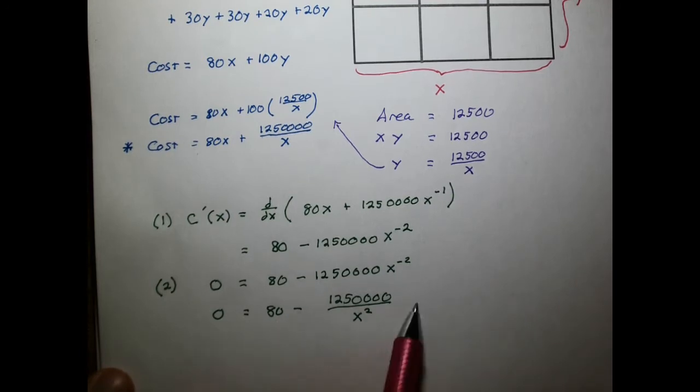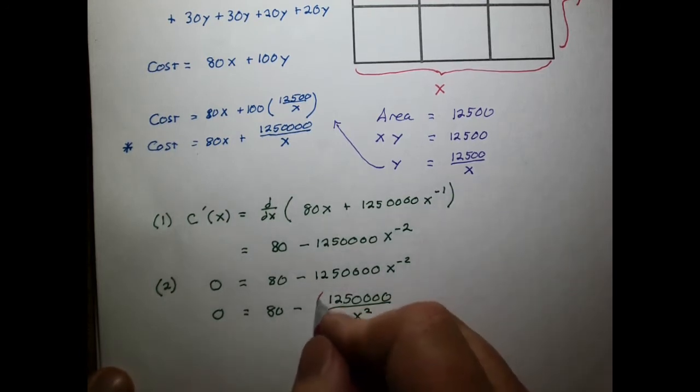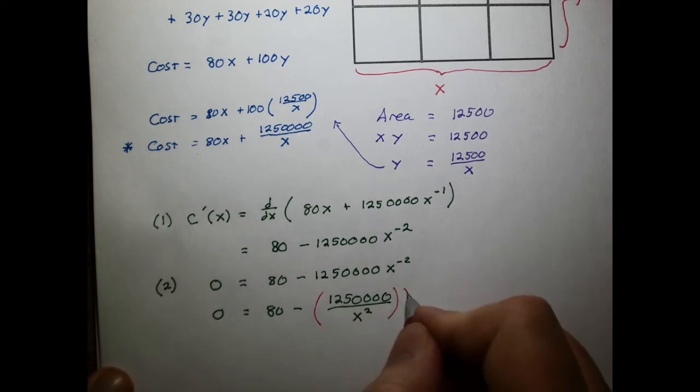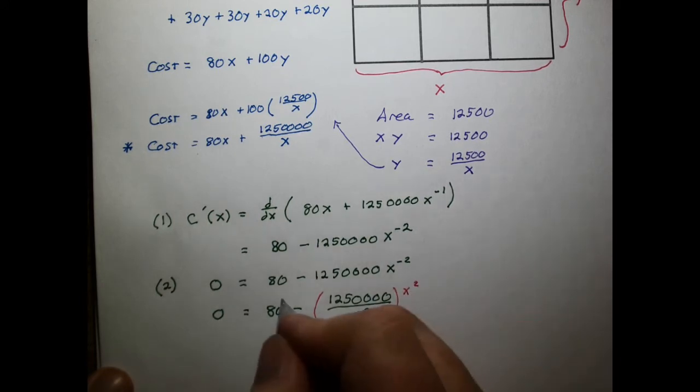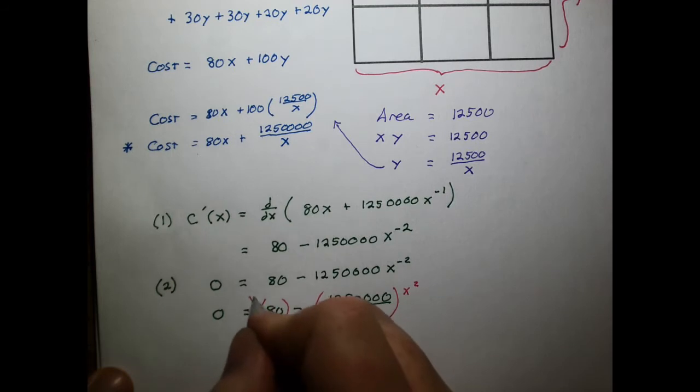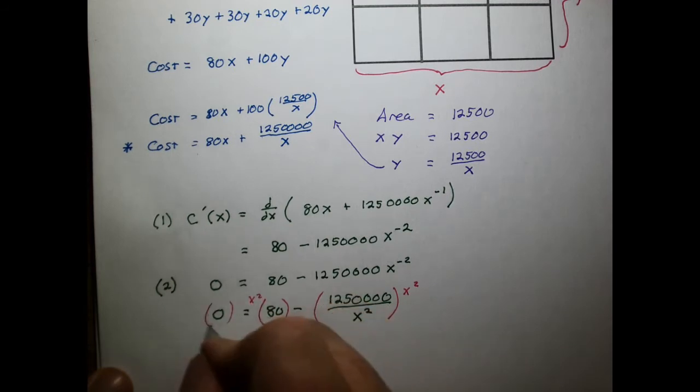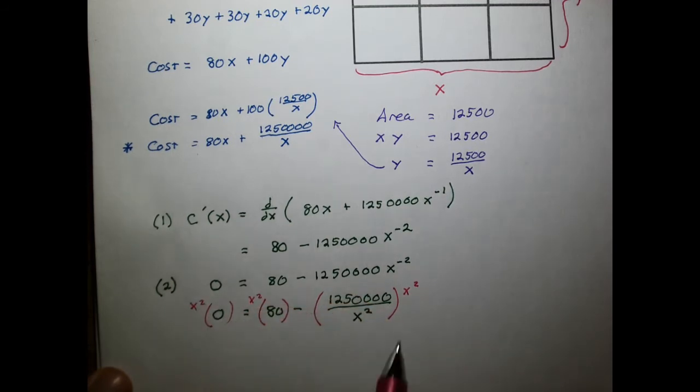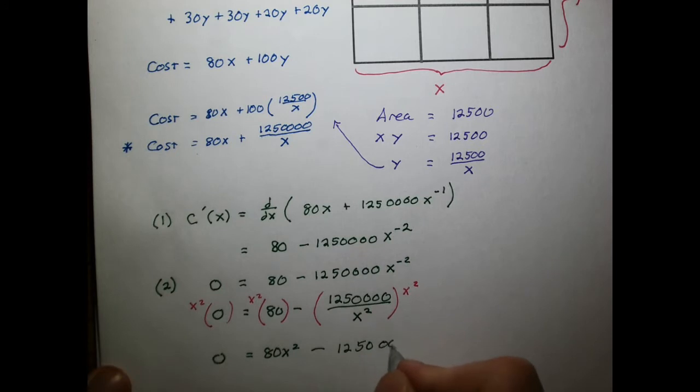And I can multiply through to get rid of all the fractions. So we can multiply through by the LCD. And this will give us 0 equals 80x squared. Here the x squareds will cancel, so this will be minus 1,250,000.